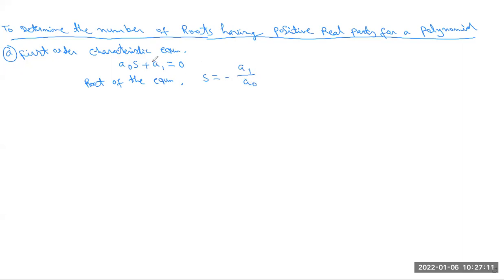How? Because you have to move a1 from the left hand side to the right hand side, so the sign changes. That's why s equals minus a1 by a0. Okay. Is it clear, all of you?